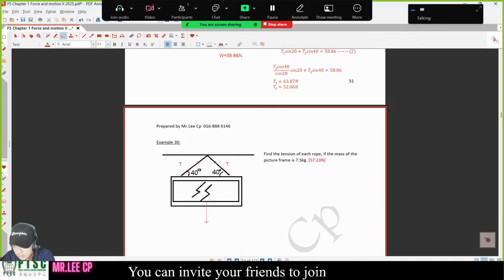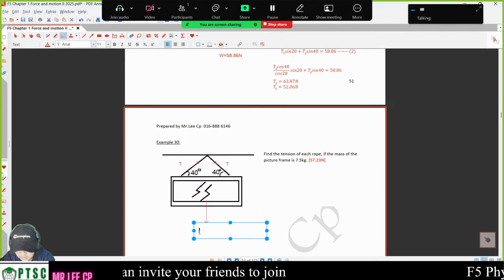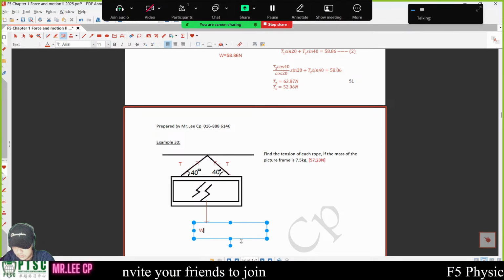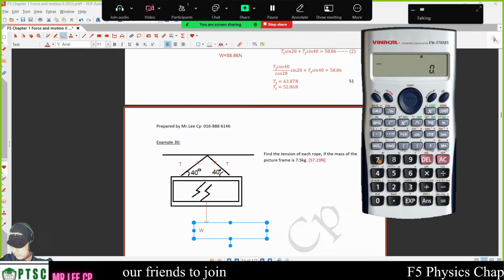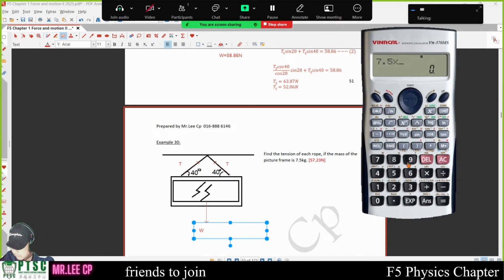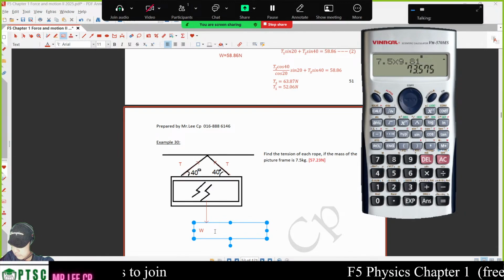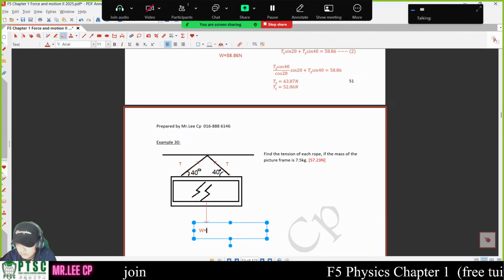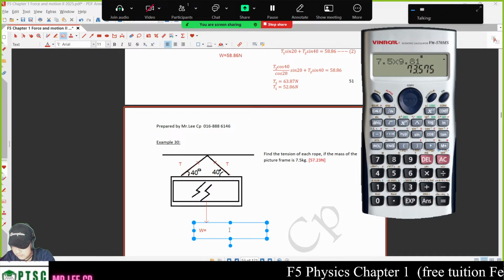So find the tension of the rod if the picture frame is 7.5 kg. So W is 7.5 times 9.81. It is 73.575.